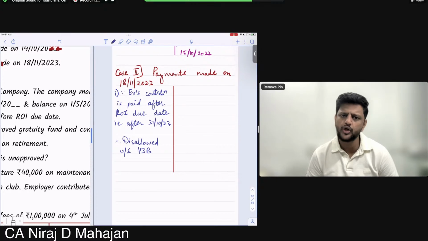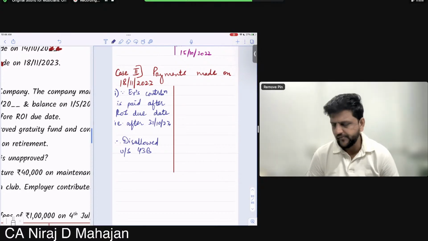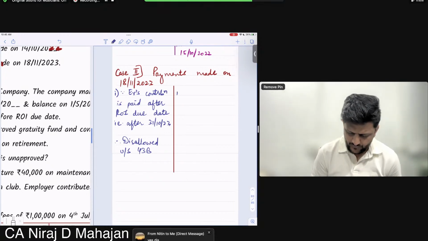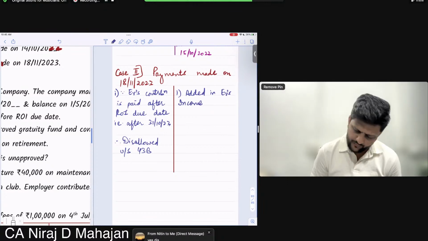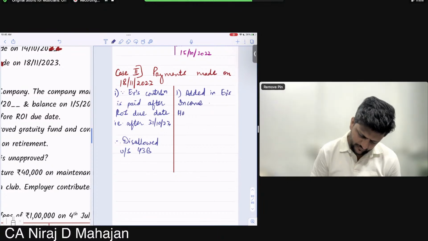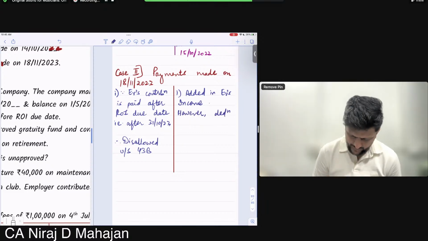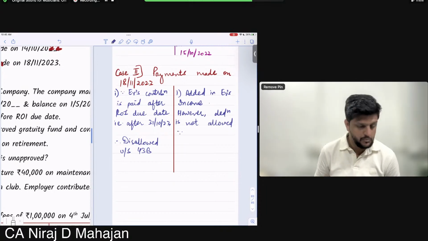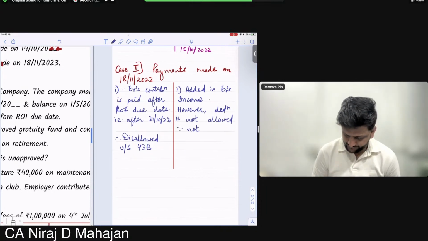And what about the employee? Also disallowed? Correct. So first of all it is added in the employer's income. However, deduction is not allowed since not paid before which due date?